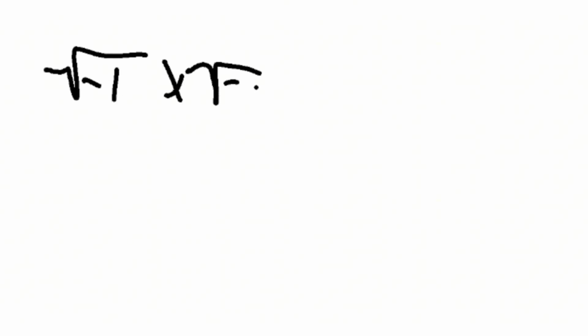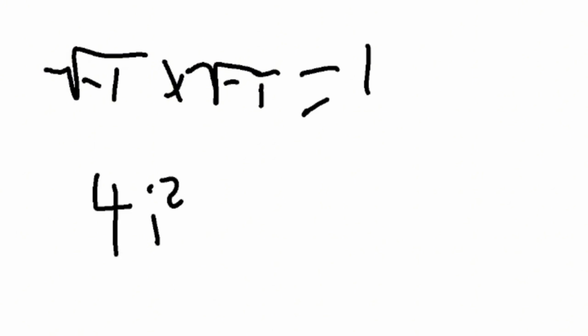What if we go 4i squared? Ooh, that's interesting. It's the square root of -1 times the square root of -1, which equals -1.